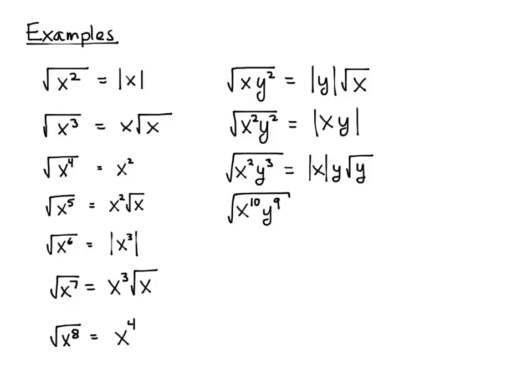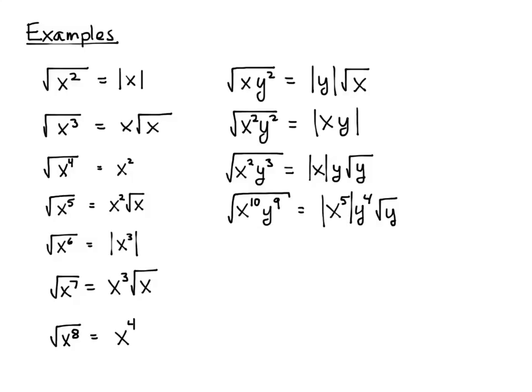And then now we'll deal with really big exponents. We got x to the 10th, y to the 9th. What does that look like then? What do you think? The square root of x to the 10th is just x to the 5th.